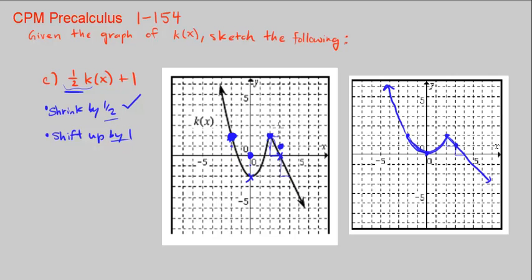So you can see, like, if we had a stick here and a stick here and pushed them together, it creates a flatter, shorter graph, and then we shift it up by 1 unit. So it just moves up 1 unit to here. Okay? So this is the end of CPM Precalculus Chapter 1, number 154.